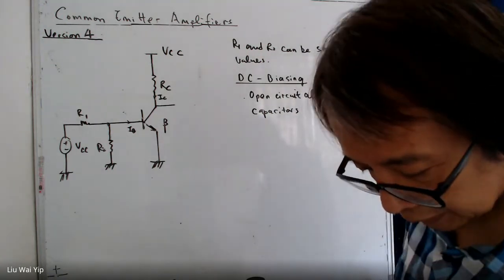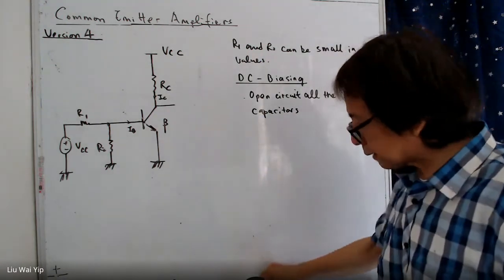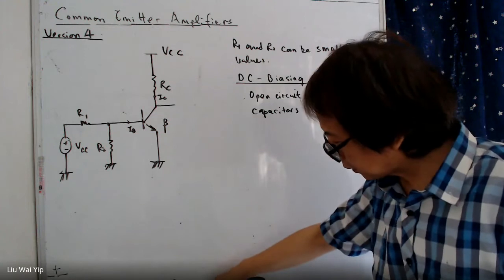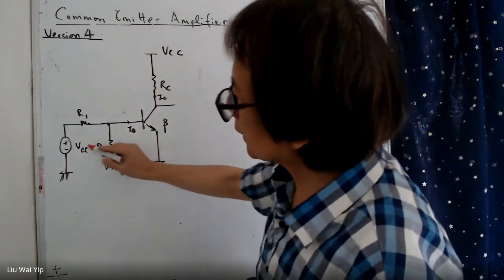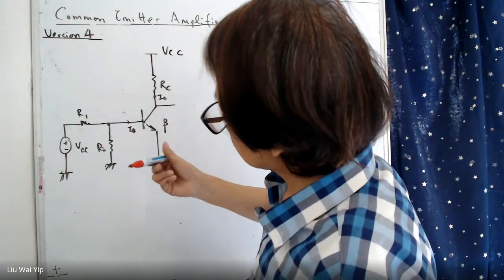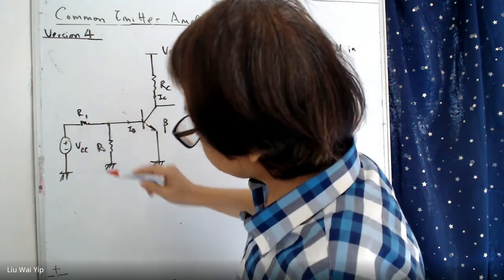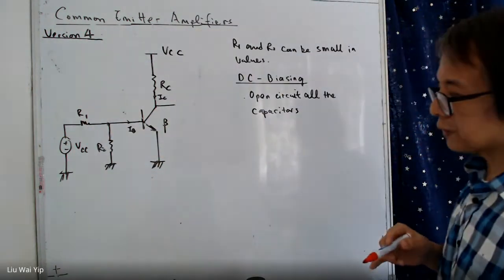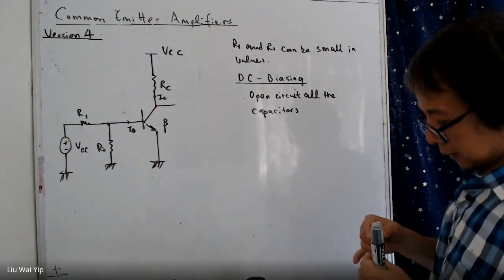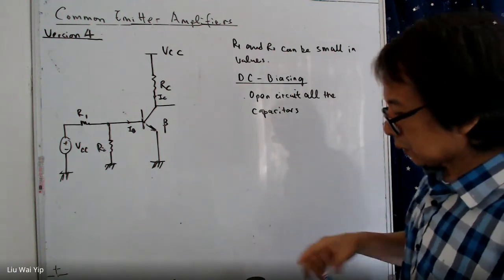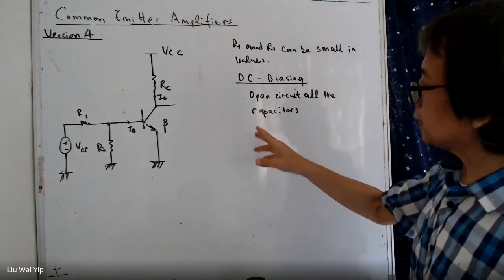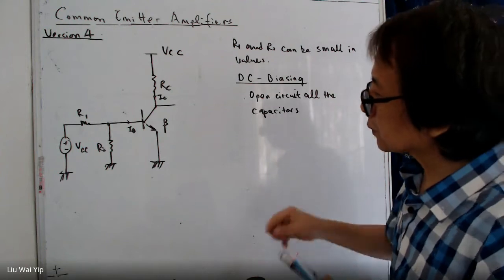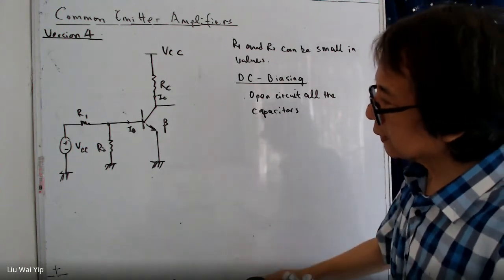Remember, the series combination of VCC and R1 here can be converted into a Norton source. So that one is to convert it into a Norton source.